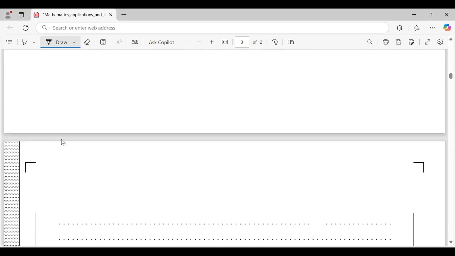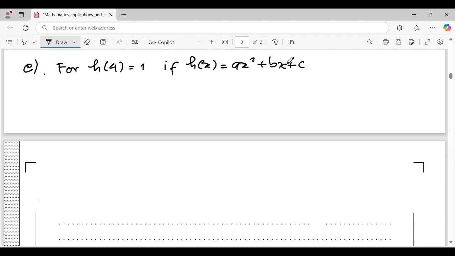E. For h(4) equals 1, if h(x) equals ax squared plus bx plus c, based on the information, if you substitute 4 into this, h(x) becomes a times 4 squared plus b times 4 plus c equals 1.